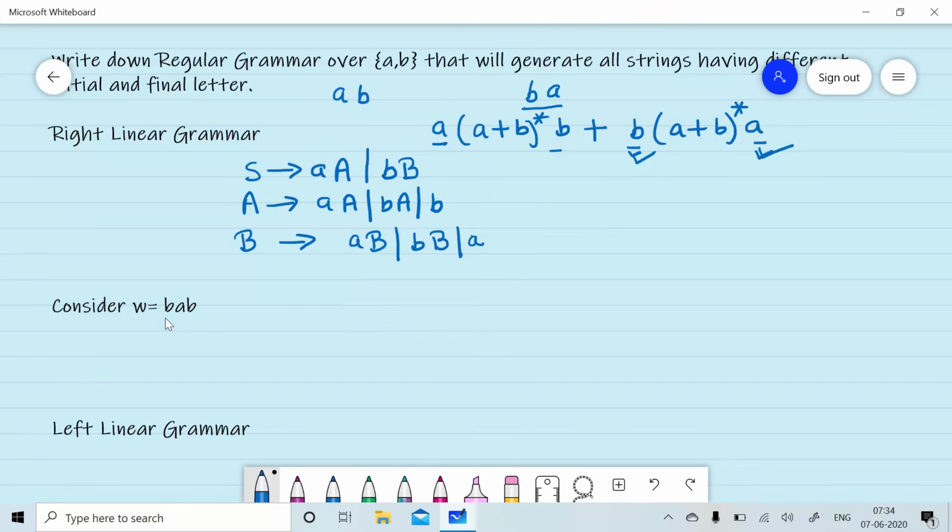Suppose we want to generate a string bab, although this string is not part of the language. So we can try out each possible option. S will give you bB. Then B can be replaced by aB, since we want to generate the second symbol as a.